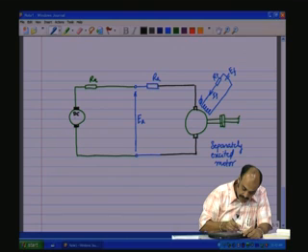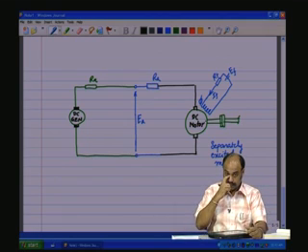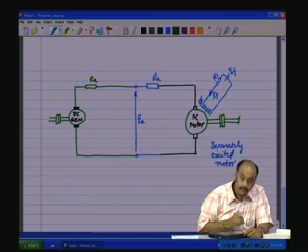So, this is a DC generator, this is a DC motor. And the shaft of the generator is being driven by a prime mover.